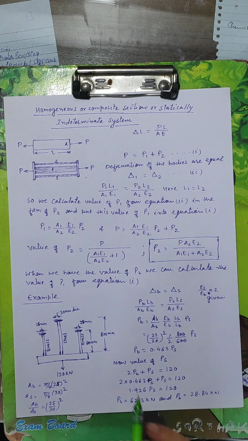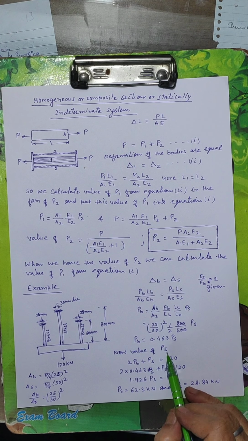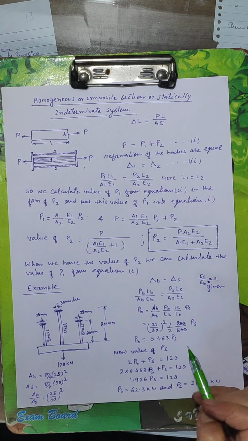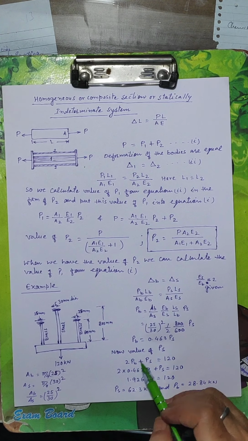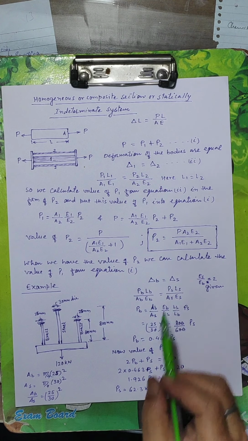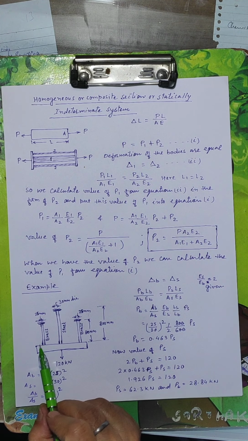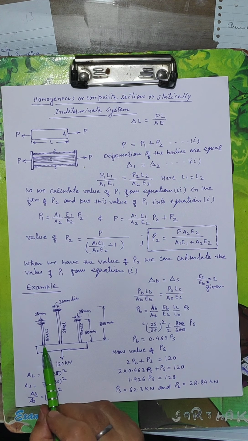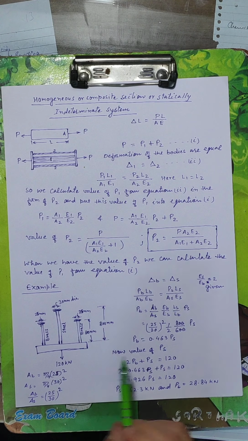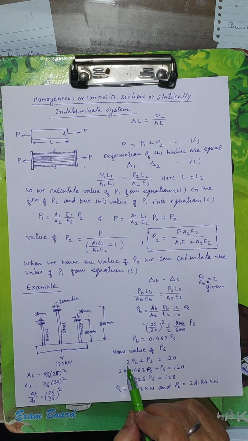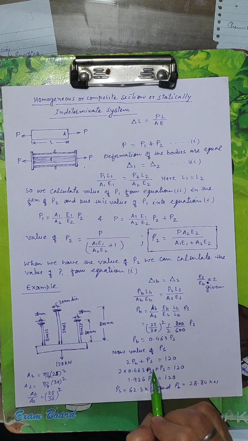Fine. Now the value of PS. How can we get this value of PS? The brass has two bars, one this and one this, so the total load is shared by 3 bars, 2 brass bars and 1 steel bar.